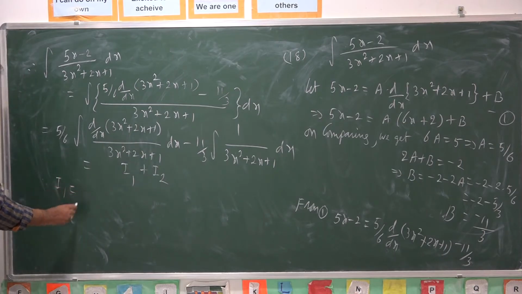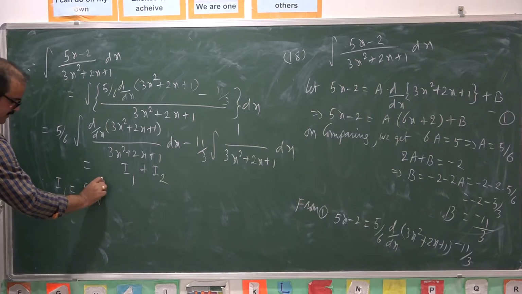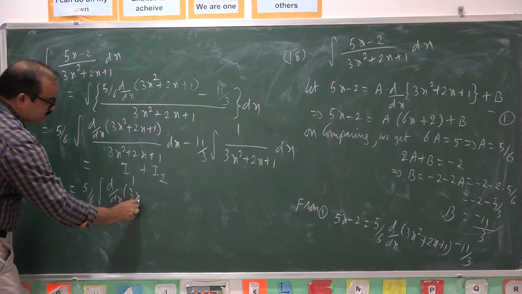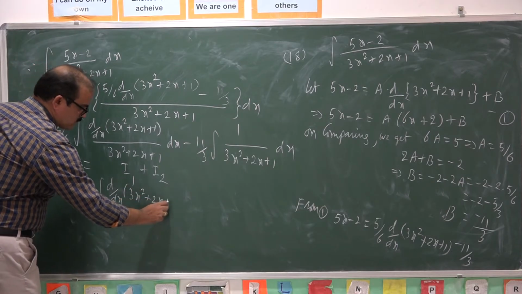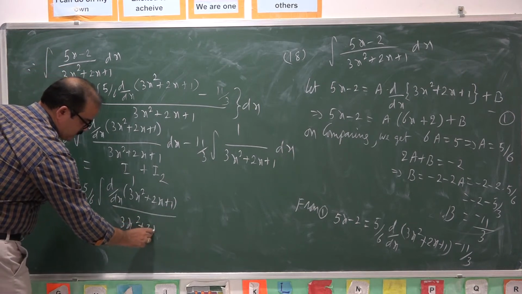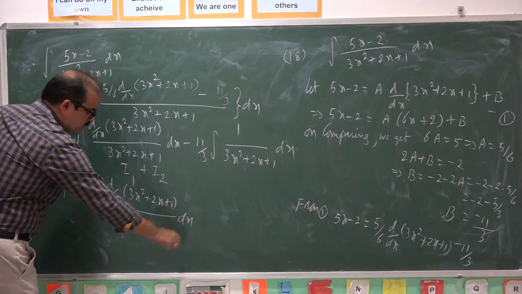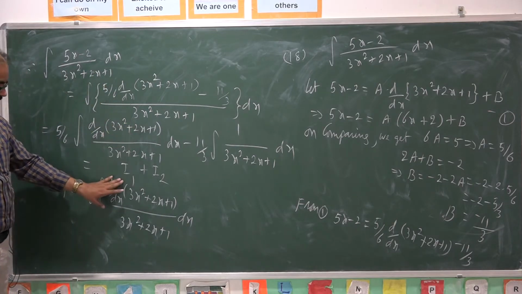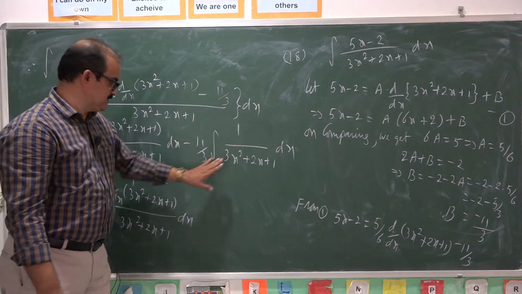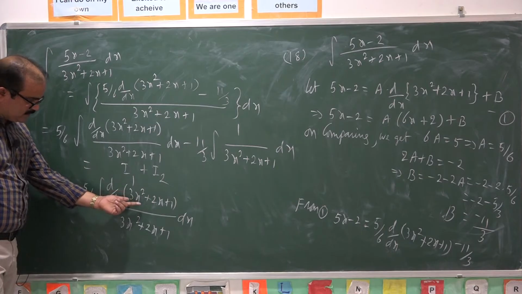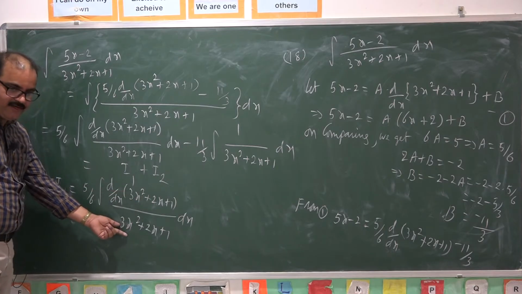I1 is equal to 5 by 6 into integral of d by dx of the quadratic by the quadratic. So first integral is taken as I1, second integral is taken as I2. See here, clearly numerator is the derivative of denominator.